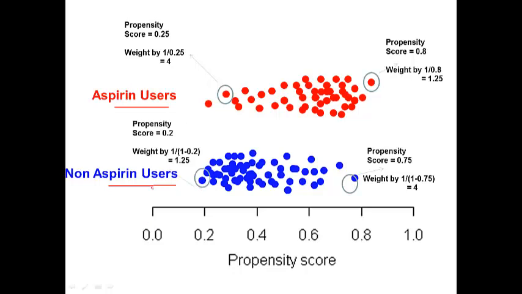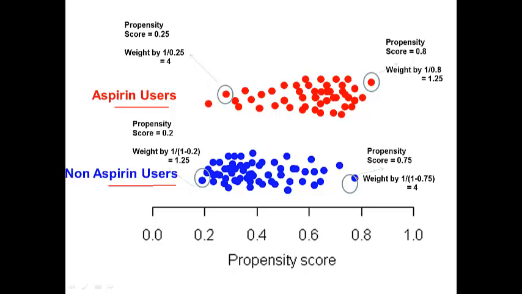And this person is a non-user whose propensity score is 0.2, so the weight is 1 over 1 minus 0.2, which is 1.25. So as you see, the higher the propensity score for aspirin users, the less weight than a lower propensity score among users. And the lower the propensity score among non-users, the lower the weight compared with a higher propensity score among non-users.